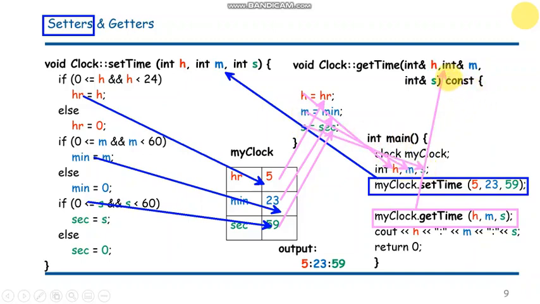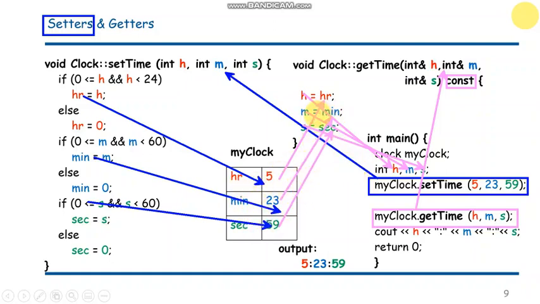You also have to realize that with the get function, there is this keyword, const. What has happened here with the get function? The get function's purpose is to get, to retrieve from the object. That's all it does. It retrieves values from the object. It does not modify.